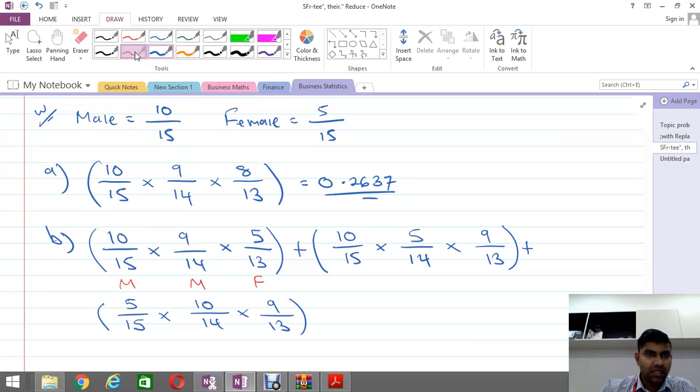So what happens here is actually male, male, female, male, female, male, female, male, male. So you must have 2 males in each of the outcomes. So this is the maximum that you can go for.